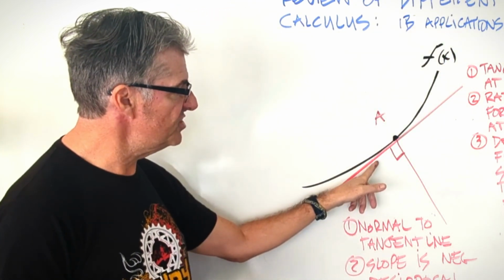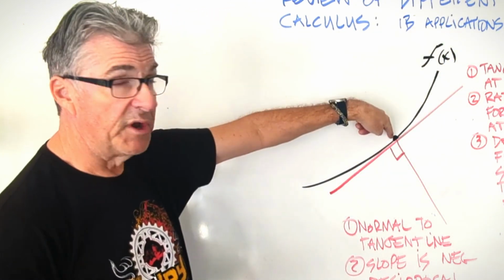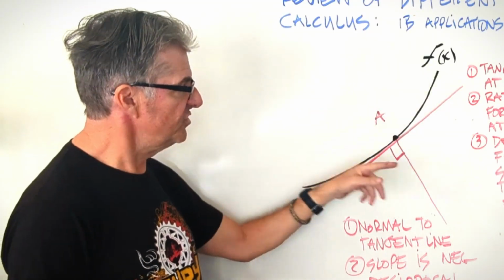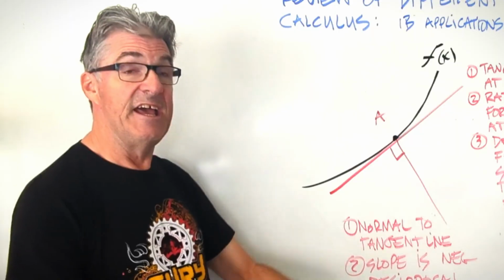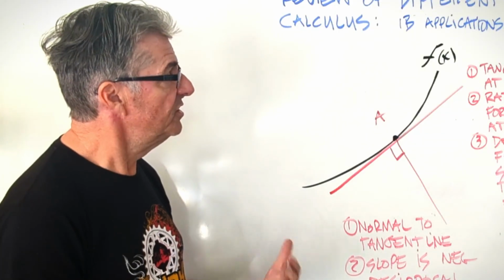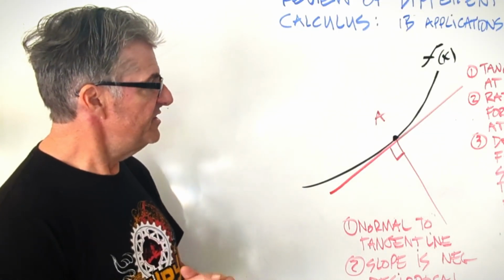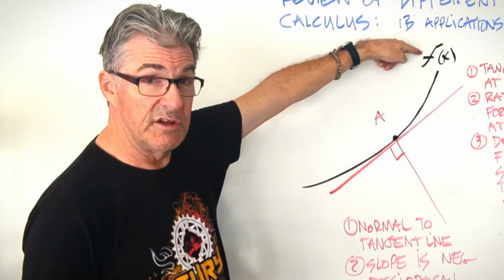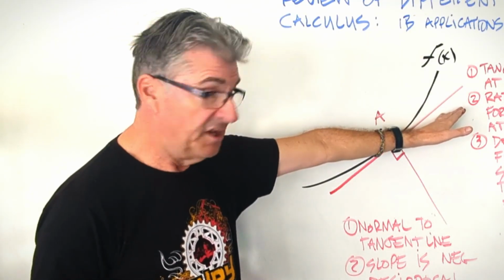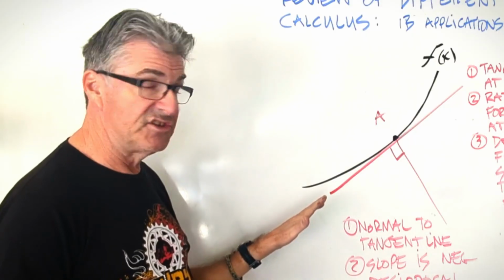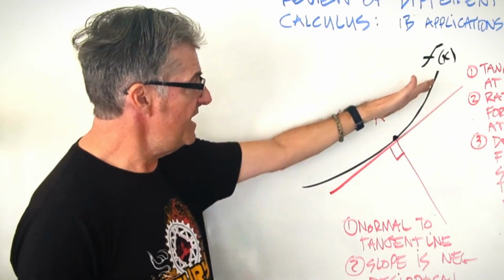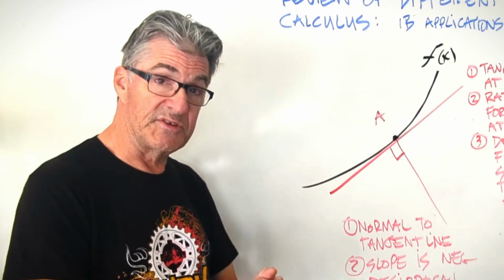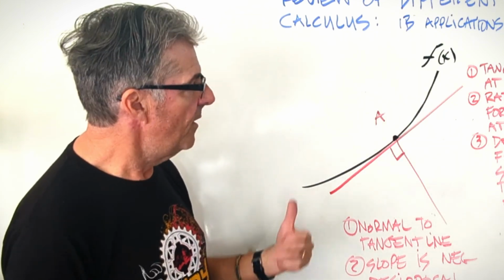I can take a tangent, find a tangent line at a point. That gives me the rate of change at that point on the function. The slope of the tangent line is the rate of change. So what we do to find the derivative function is we take the derivative of the original function, and that function gives us the slope of the tangent line at A or B or C or any point along the function. So that's the primary purpose of the derivative function.